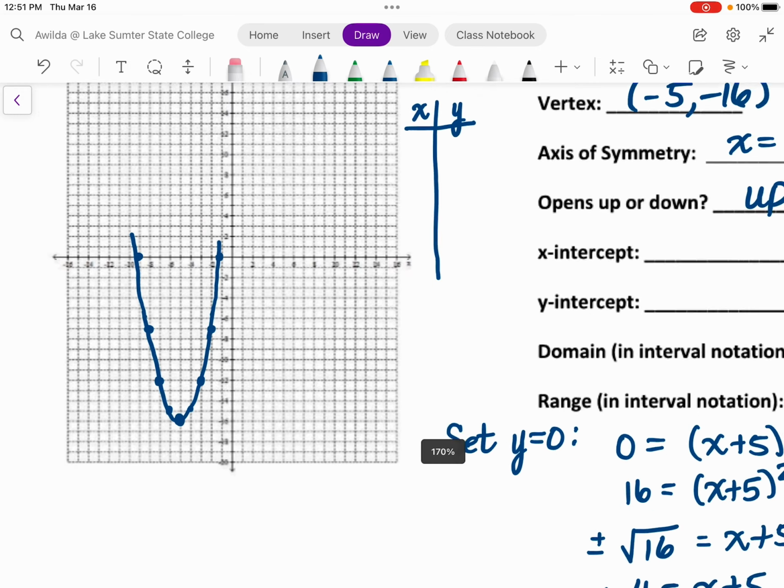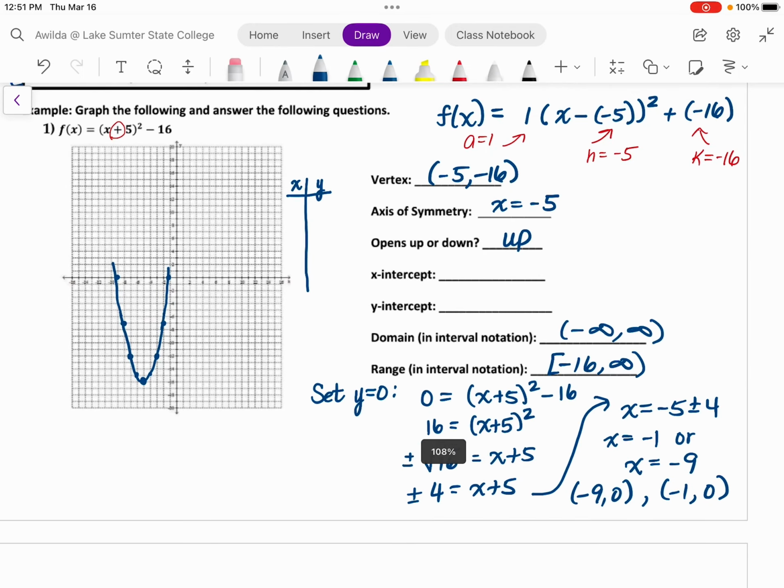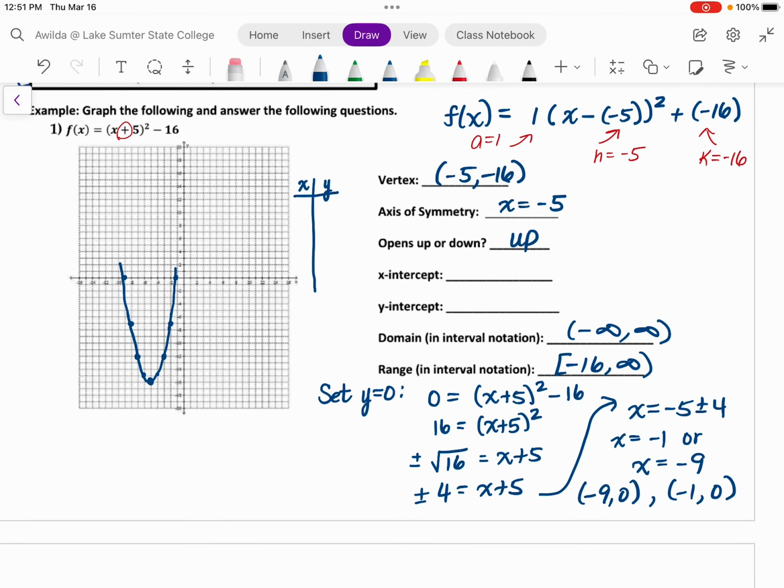Now let's go back and solve for the y-intercept. This time we're going to set x equal to 0 and solve for y. So if we set x equal to 0, we have that y is equal to 0 plus 5 quantity squared minus 16.